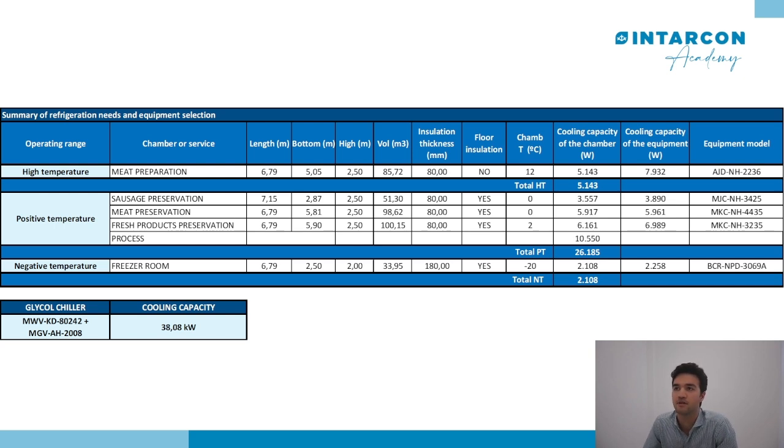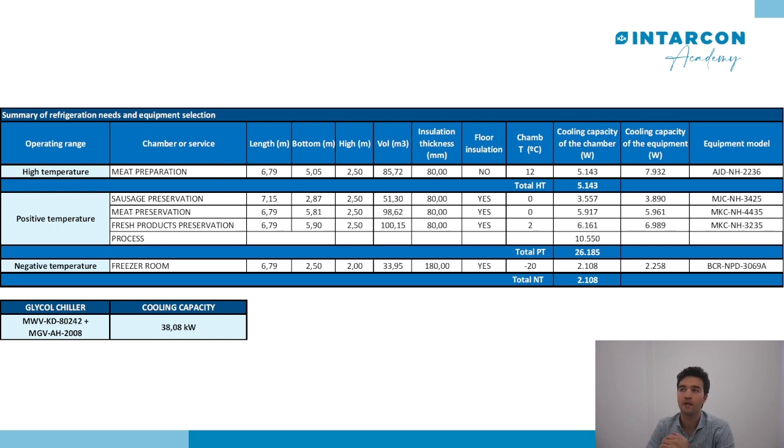Okay, this table shows a summary of the dimensions and features of the cold rooms. It also includes the results of the cooling capacity calculations and the equipment selected to meet the cooling capacity requirements of each one. As we can see, the cooling power required by the tank plus that of the medium and high temperature chambers adds up to approximately 32 kilowatts.